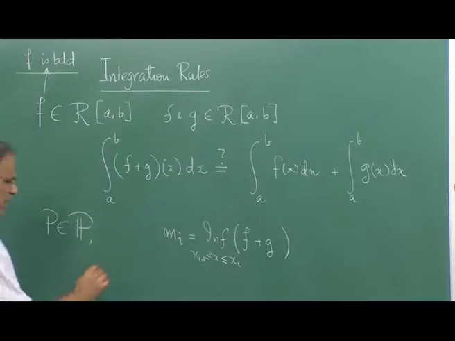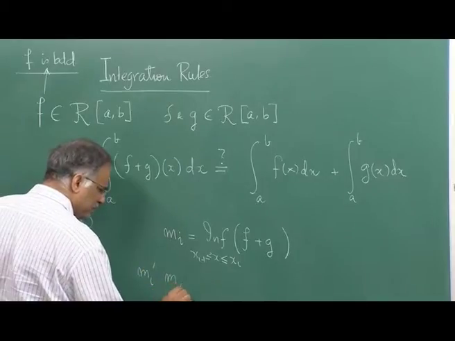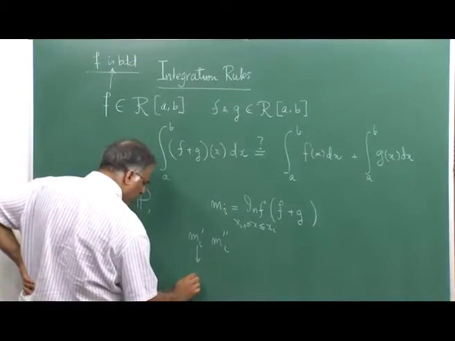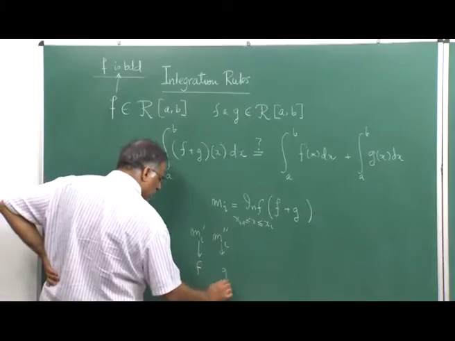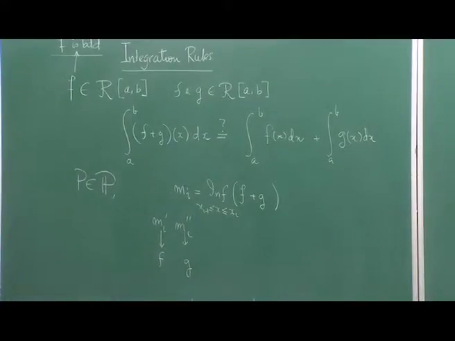And let Mi dash be the inf of f over the same interval, and Mi double dash be the inf of g for the same interval.